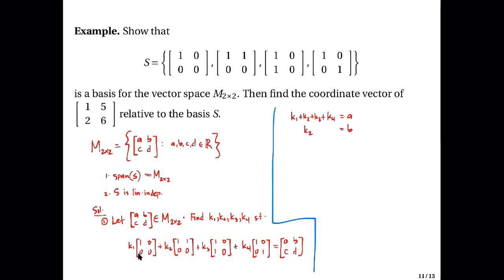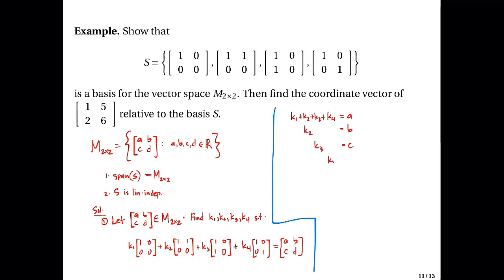For A21, this entry, this is 0, this is 0, this is 1, so you have your K3, and then this is 0, and this is C. For the A22 entry, this is 0 here, also 0 here, also 0 here, and this is 1 here, so times K4.